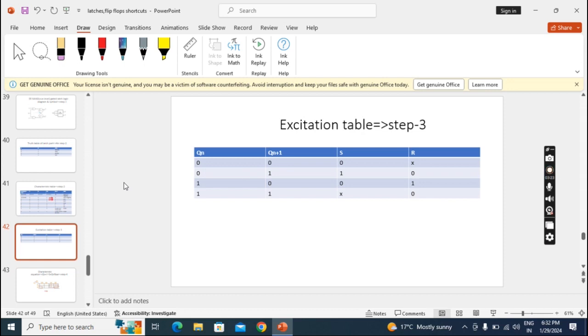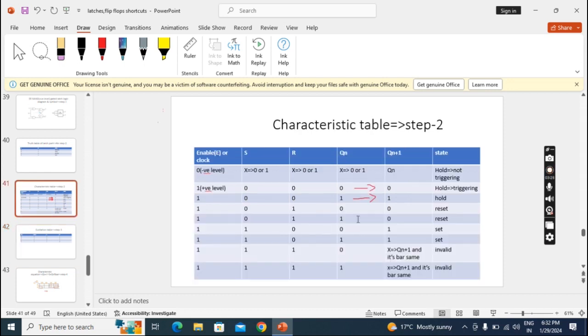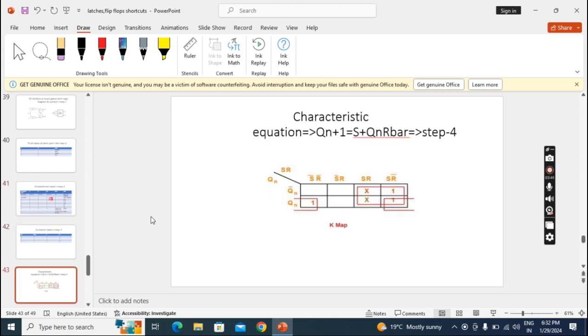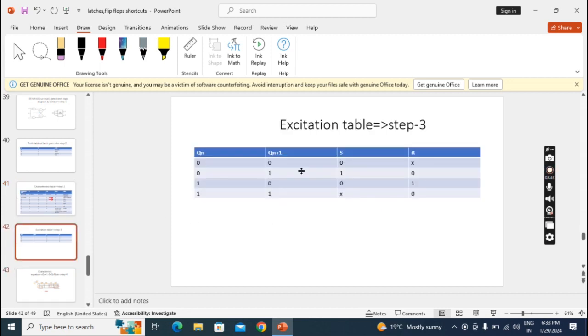Now we will see for 0 1. But 0 1 is there at one place only. See here this 0 1 is there at one place, but 0 0 is there at two places. That's why we compared. So for 0 1 we can simply write S1 R0.